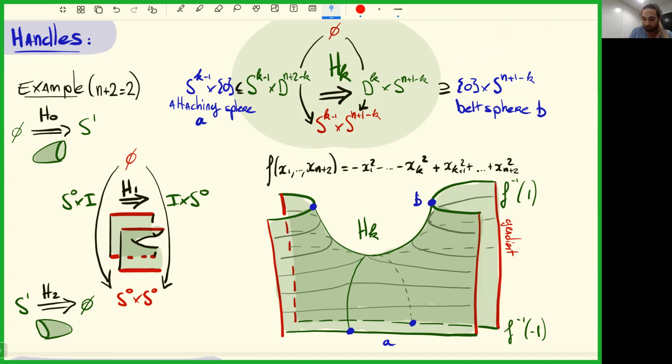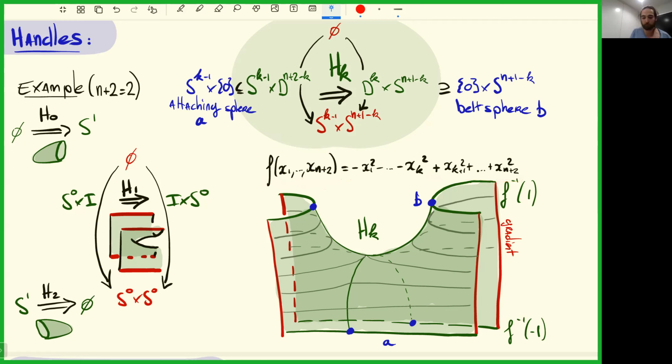So a slightly nicer way to describe this handle is to think of the Morse function that typically defines handle attachments. I have a Morse function in n+2 variables, so my dimension is n+2, and it's a sum of squares with k of them having a minus sign and the rest having a plus sign.